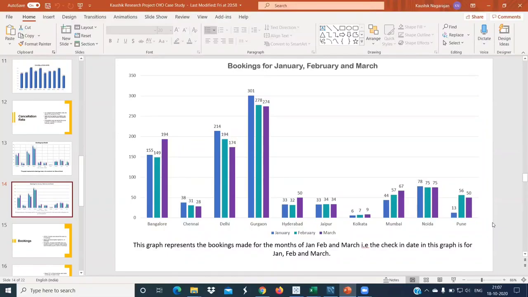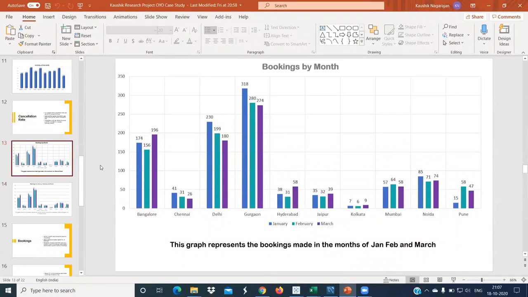From the bookings shown in this graph, the check-in date is in the month of January, February or March, which means the check-in date could be from January 1st, 2017, latest till 31st March 2017 only. It will not be later than 31st March 2017. Whereas the previous graph would involve even the bookings made for dates after 31st March 2017.